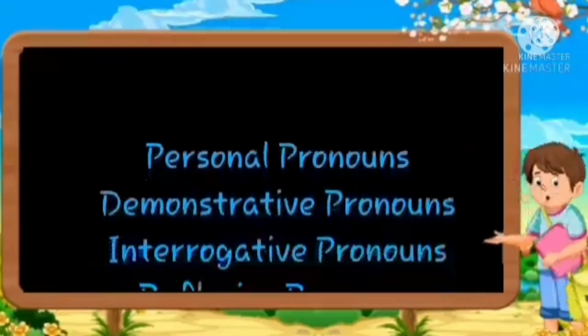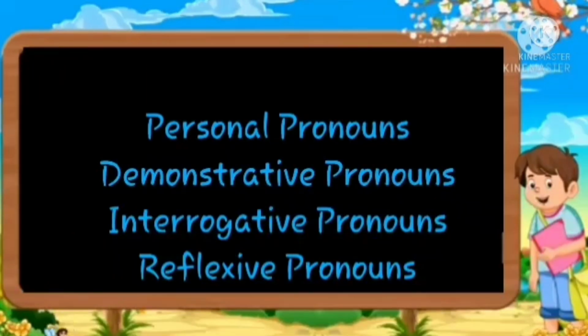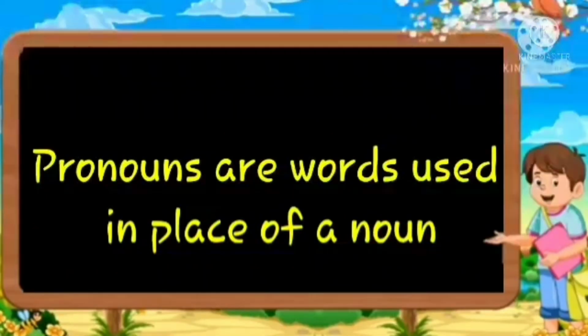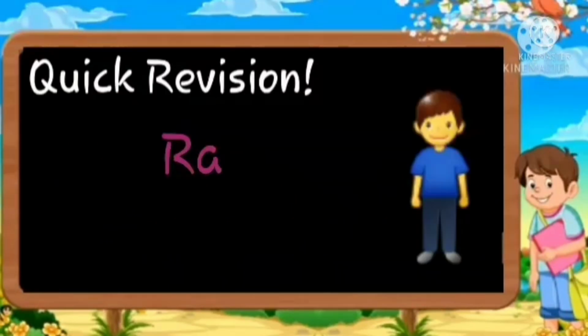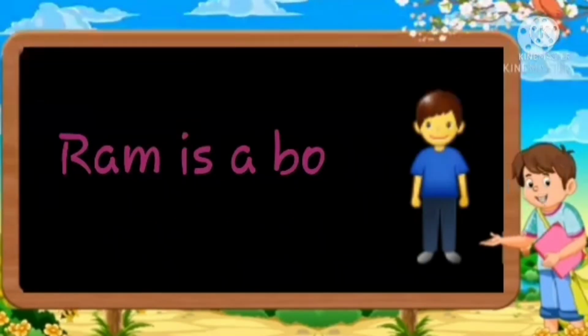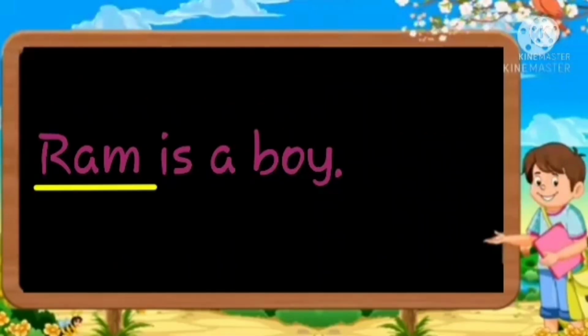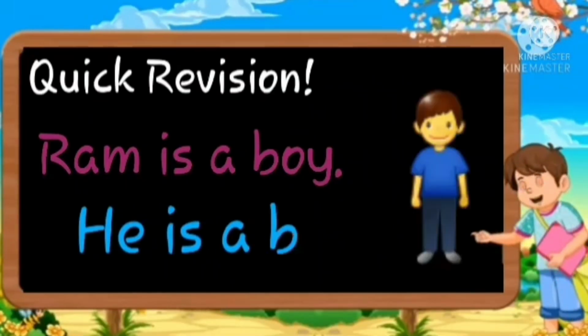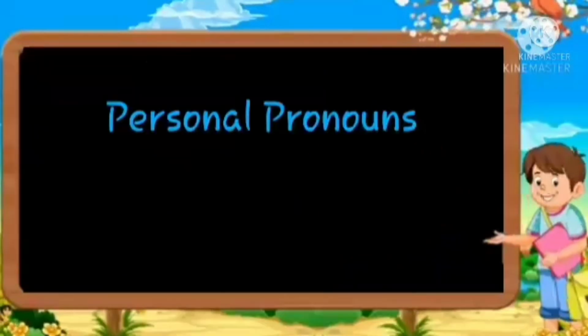Now children, what we have understood in this chapter, the type of pronouns, the words that are used in place of a noun. If I say Ram is a boy, so in place of Ram we can use pronoun for a boy, he is a boy. We have seen types of pronouns in this.